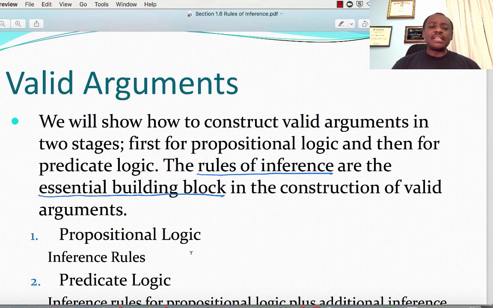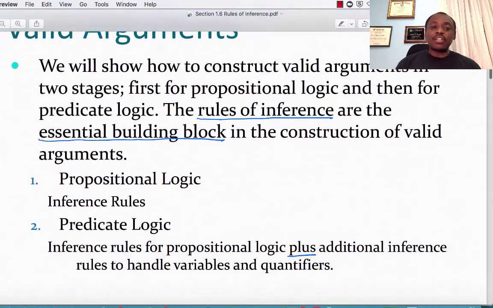Now, what is a valid argument? We will show how to construct valid arguments in two stages. First, for propositional logic, and then for predicate logic. The rules of inference are the essential building block in the construction of valid arguments, which means you need to know what the rules of inference are. Once you know them, you can use them as the essential building block in the construction of valid arguments.